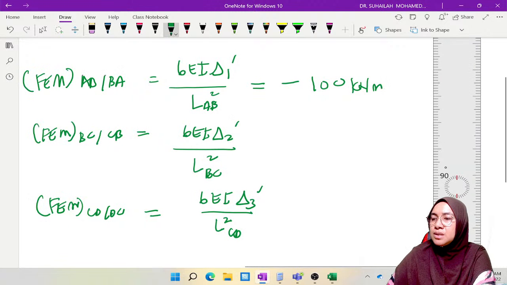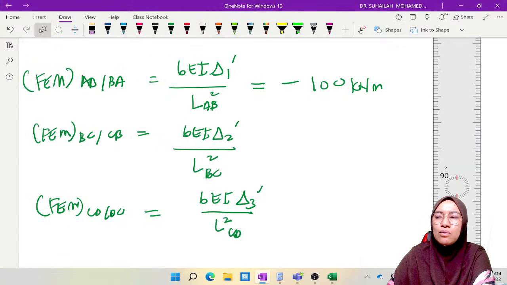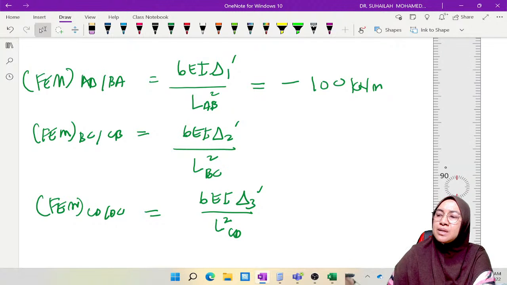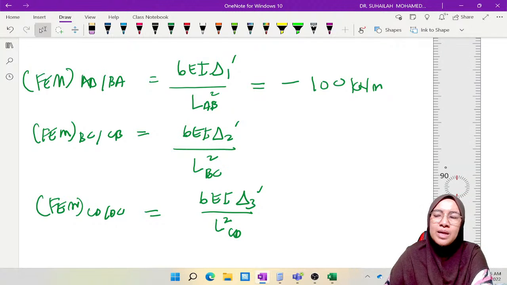So if 6EI delta 1 prime over LAB squared is equivalent to 100 kilonewton meter, what is the FEM for member BC, and for member CD, related to the 100 that we assume?